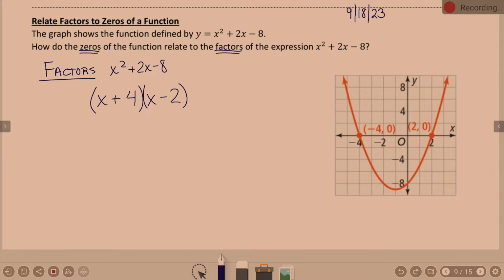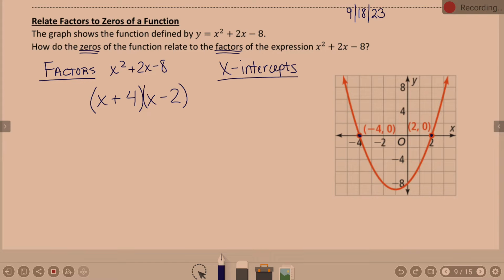Okay. What do you see on the graph? There's a point at -4, 0 and a point at 2, 0. And those specific points, what do we call those? Where are they located? They're on the x-axis, so those are what we would call our x-intercepts.